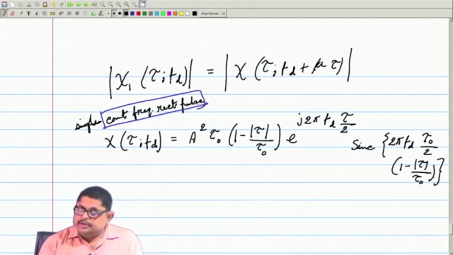Now, I think we have derived something like this for a constant frequency rectangular pulse. However, it was not a normalized thing.